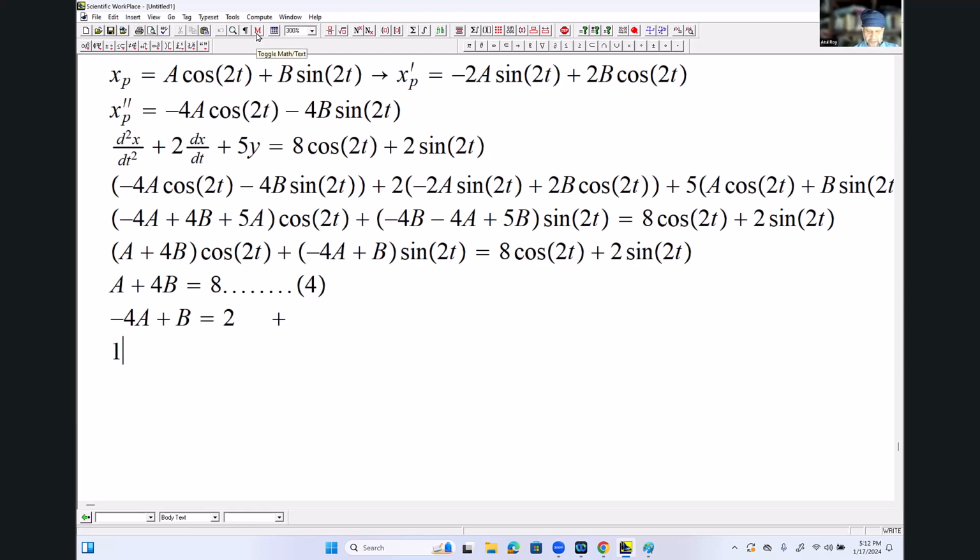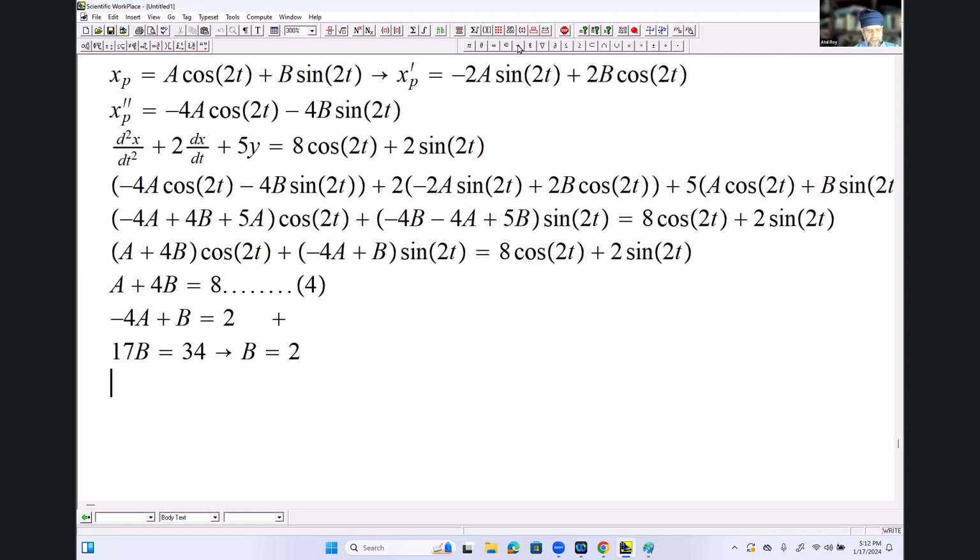We will get 17b on the left-hand side, and 32 plus 2 is 34, right? So that's going to give me that b equals how much? 2, right? So b is 2.